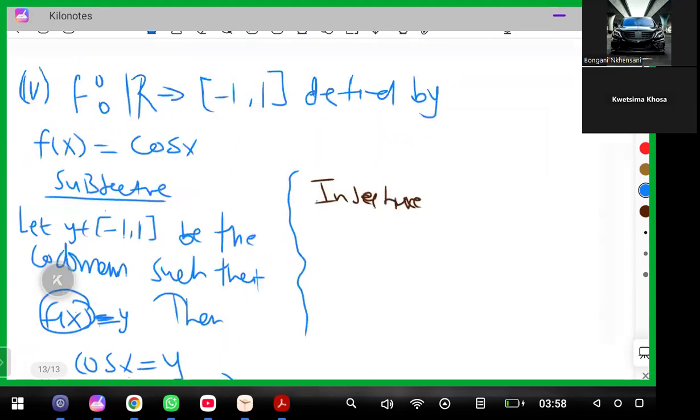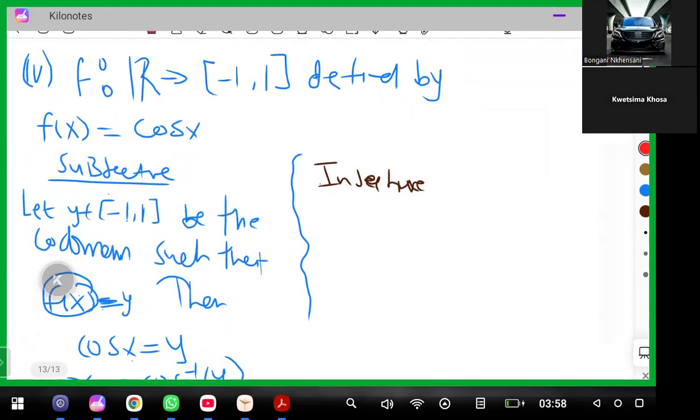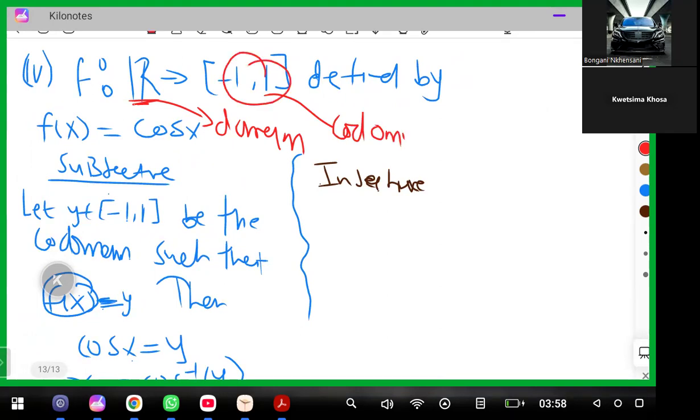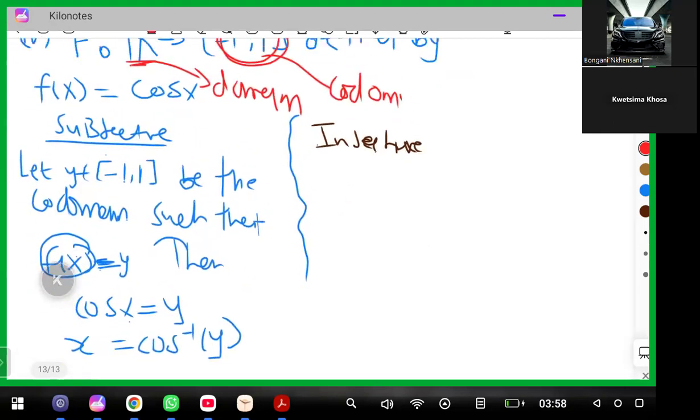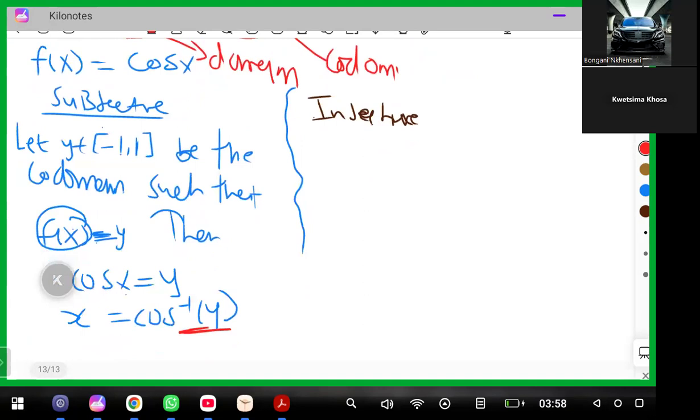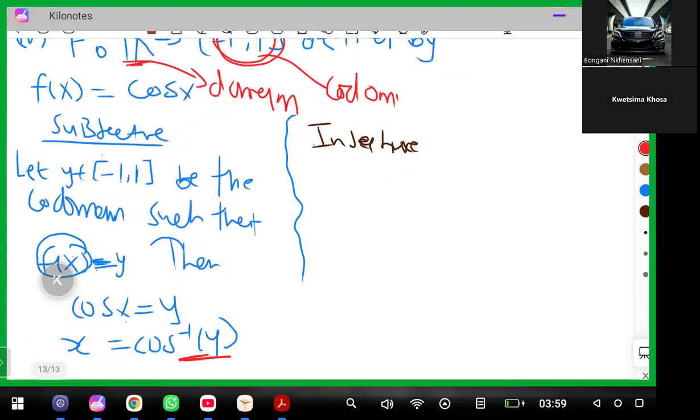So the condition was that R, the domain, will map to a codomain that lies between negative 1 and 1. So if you substitute any values between negative 1 and 1 here, you will find that it is giving us an answer, right?